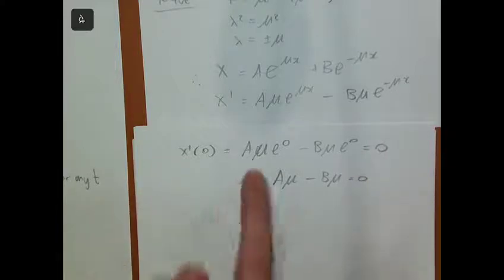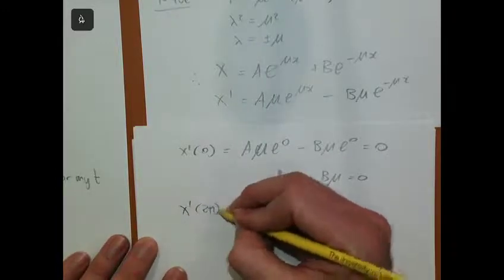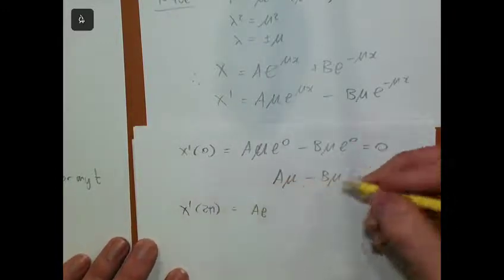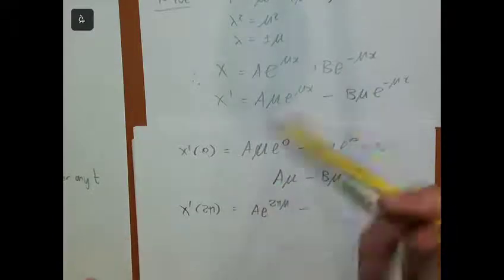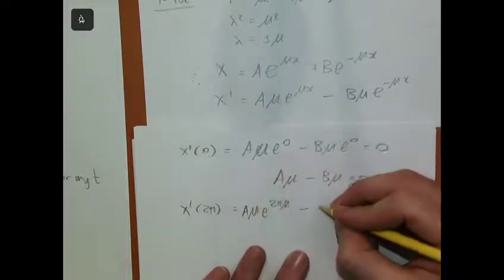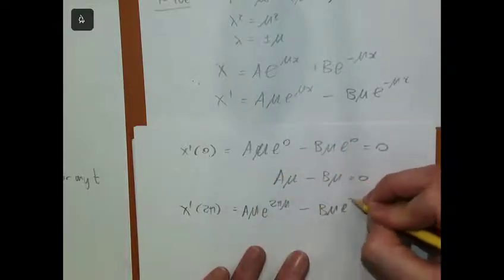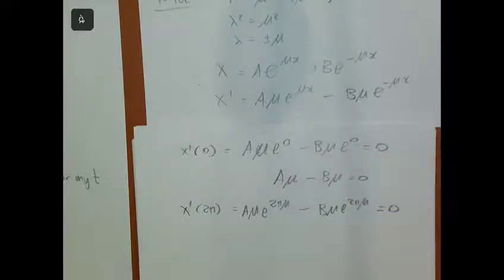So I can get from that a has to be equal to b if I want. And X dash 2 pi is a mu e to the 2 pi mu minus b mu e to the minus 2 pi mu, which is also supposed to be 0. And now I have two equations and two unknowns. I mean, technically three unknowns because I don't know what mu is.